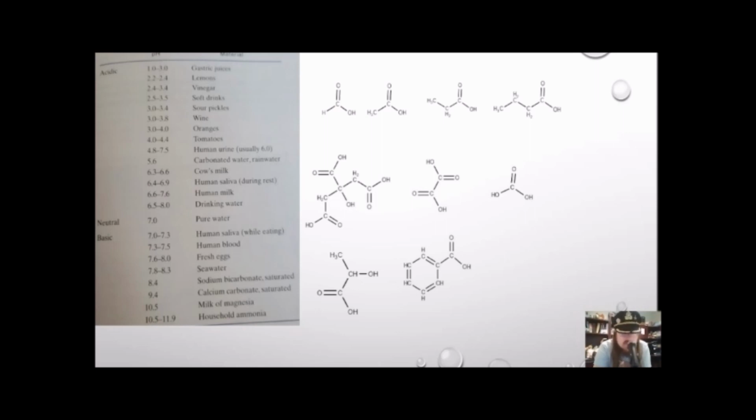Blood is slightly basic. Eggs, also slightly basic. Seawater, getting a little bit more basic, 7.8 to 8.3. Sodium bicarbonate, saturated solution, is 8.4. Calcium carbonate, 9.4. Milk of magnesia, 10.5. And household ammonia between 10.5 and 11.9.